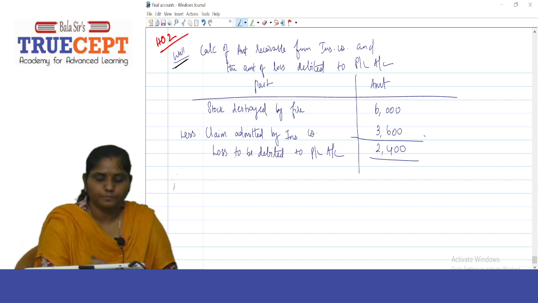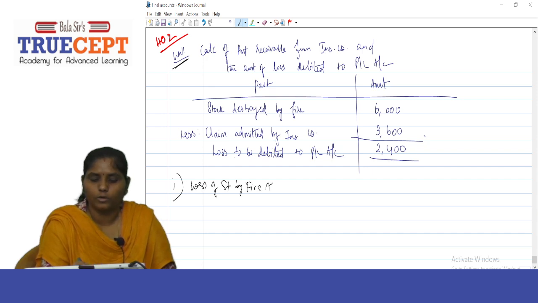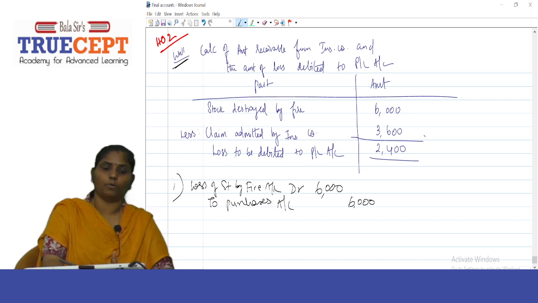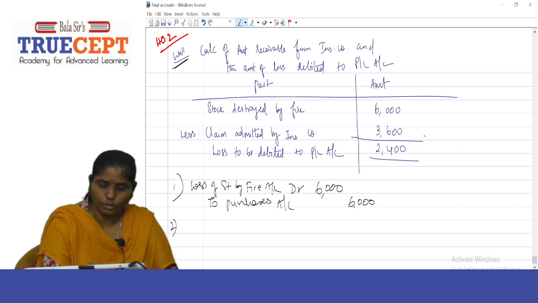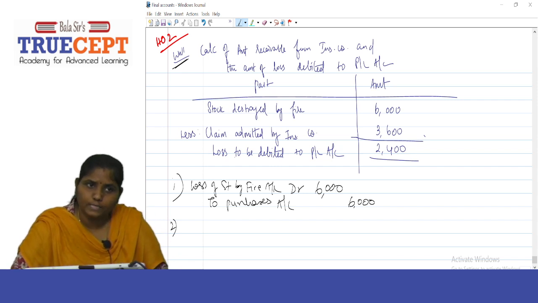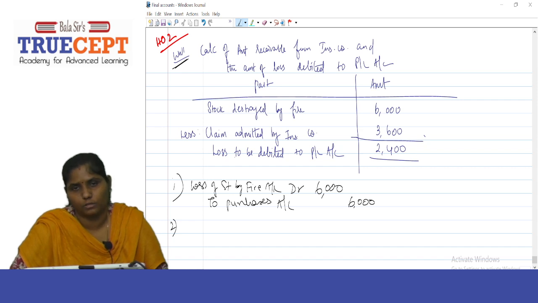Number 1. What is number 1? Loss of stock by fire account debit. How much? 6,000 rupees is my total loss, to purchases account. I have to subtract it from purchases, right? Therefore, purchases account 6,000, right? This is number 1. What is number 2? I can write an entry for 6,000 rupees because I lodge a claim for 6,000 rupees.